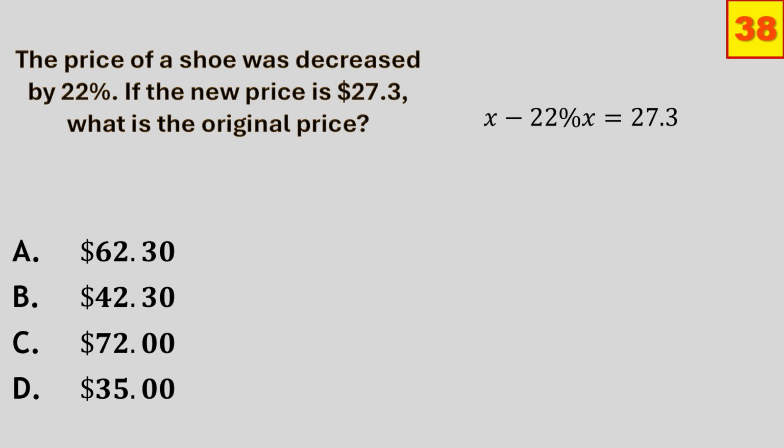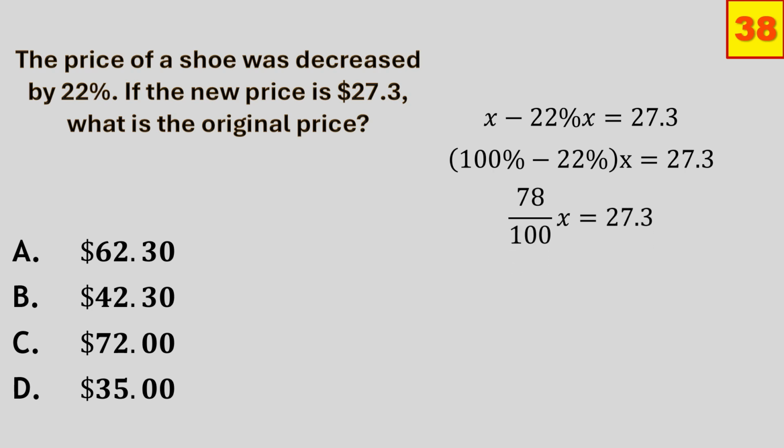Decreasing the price by 22% is subtracting 22% from 100% of the price, which is 78%. Multiply both sides of the equation by the reciprocal of 78 over 100. And the original price is $35. Option D.